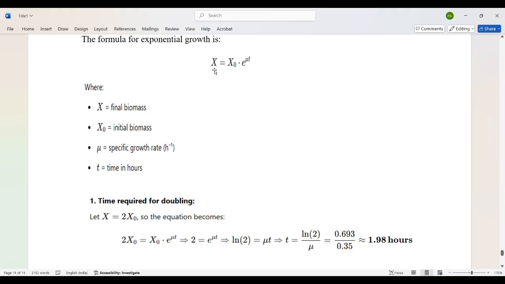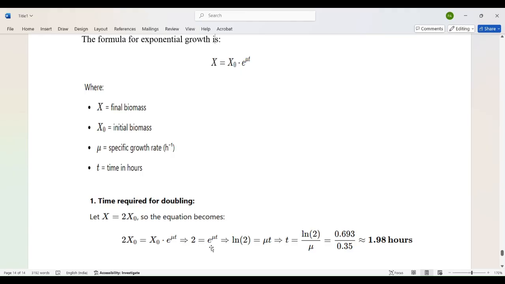So if I put 2x0, then 2x0 equals x0 into e raised to mu into t. This is what is written here, my dear students. 2 into x0 equals x0 into e raised to mu t. Now x0 and x0 I can cancel out. So 2 equals e raised to mu t.